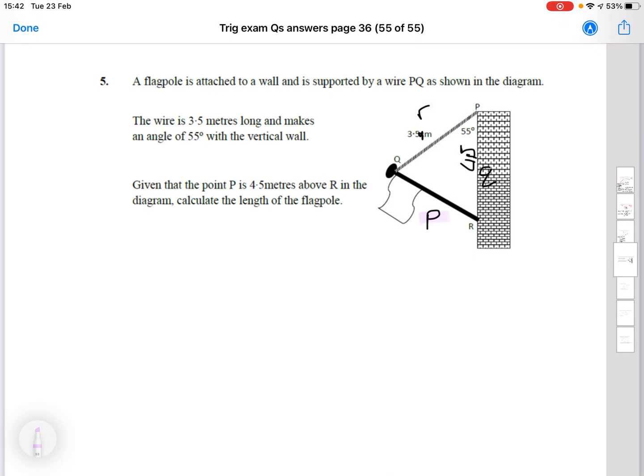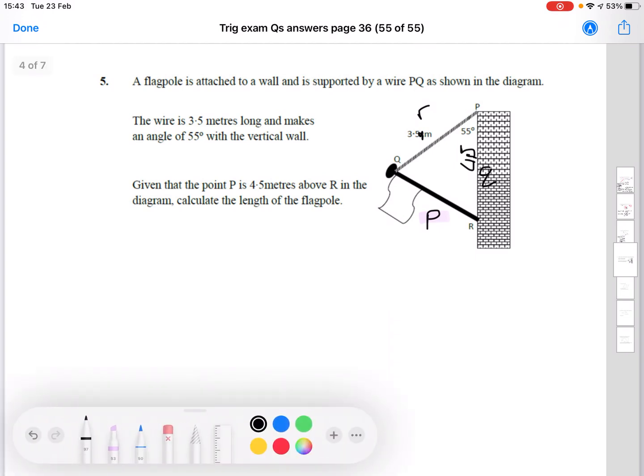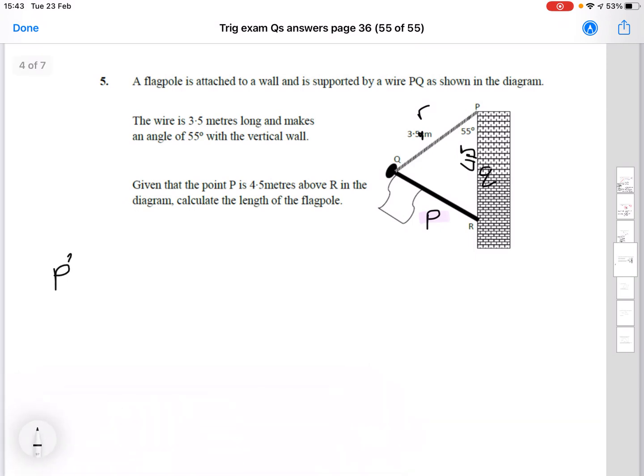You don't have what you need to do your sine rule. And again, I'm hoping by now that we can recognise if we have two sides with the angle in between that it's cosine rule. So we're finding this side P, so it's P squared equals the other two letters, Q squared plus R squared minus 2QR cos P.